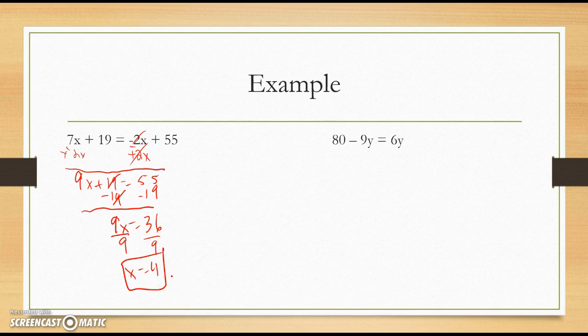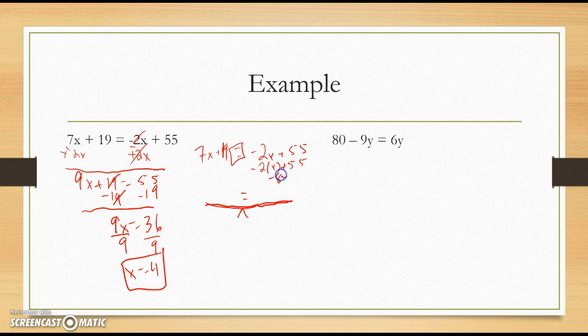Now, the thing about checking our work is in the end we have two things. We have negative 2x plus 55, and we have 7x plus 19. It's pretty neat because we have this equal sign, and we need it to be balanced now. Remember that balance beam? We want to make sure that we're balanced on each side here. So when we plug in 4, this is negative 2 times 4 plus 55.